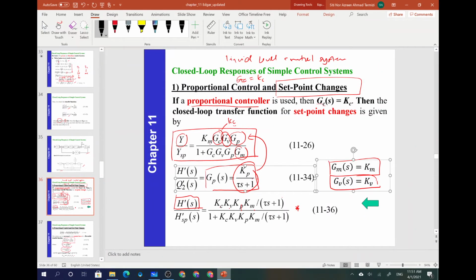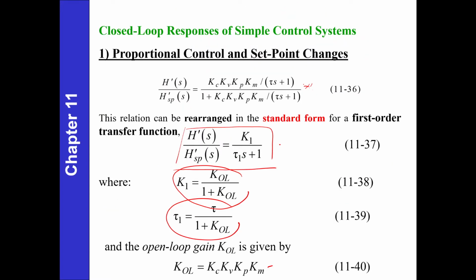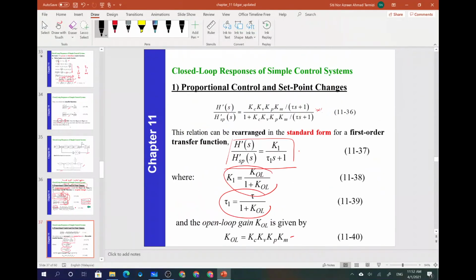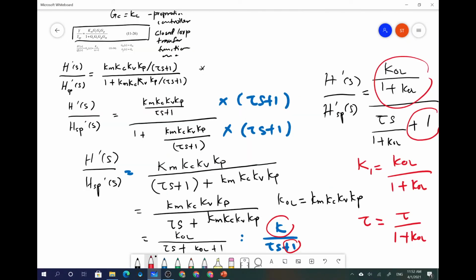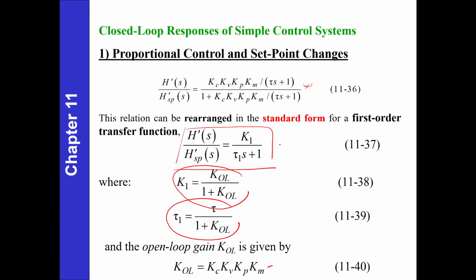Okay, go back to the slide. And we get this. We put it as K1 and tau 1. Okay, so that is how we get this tree from this.